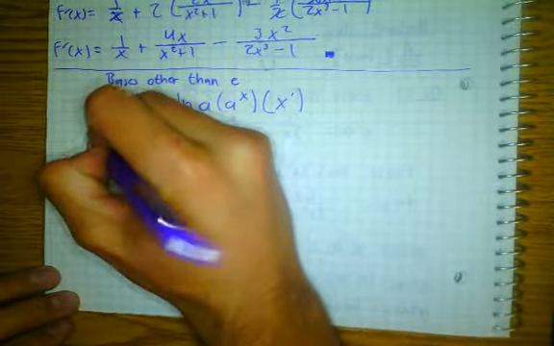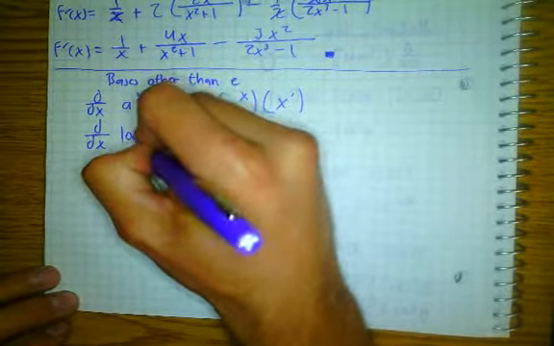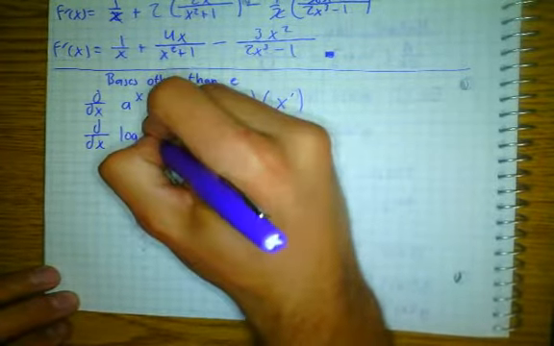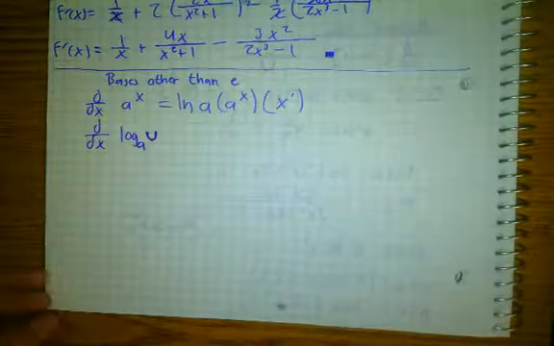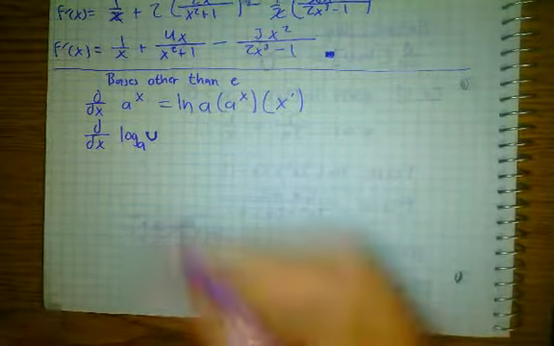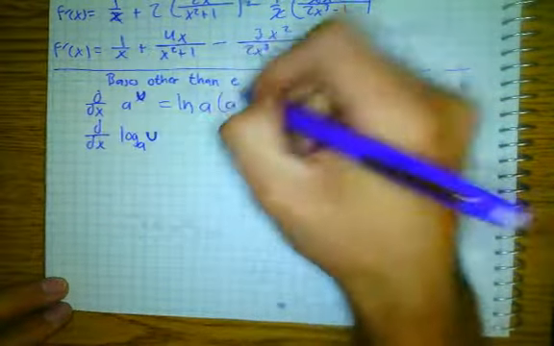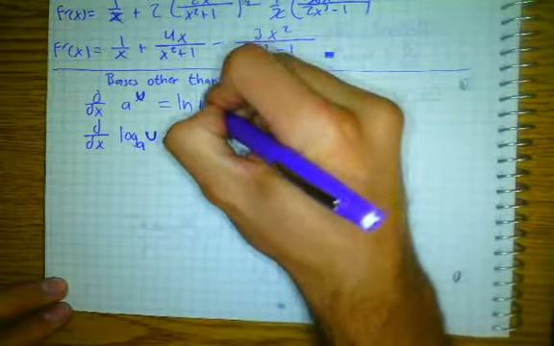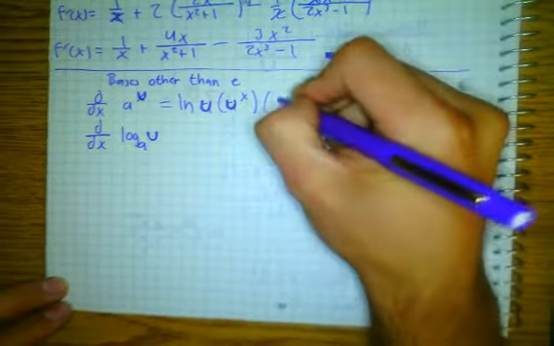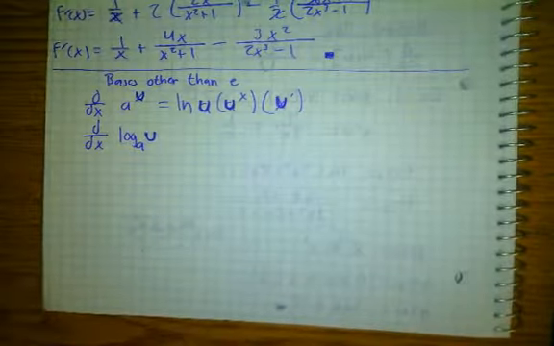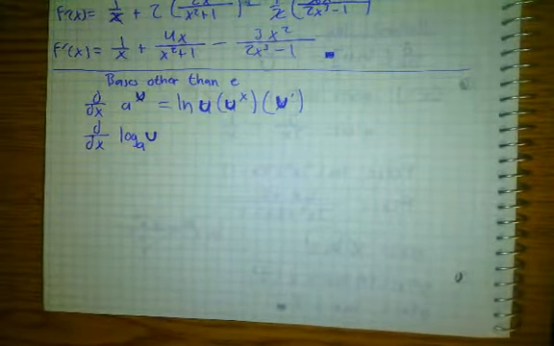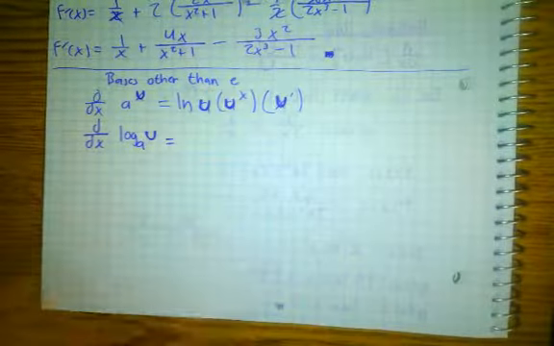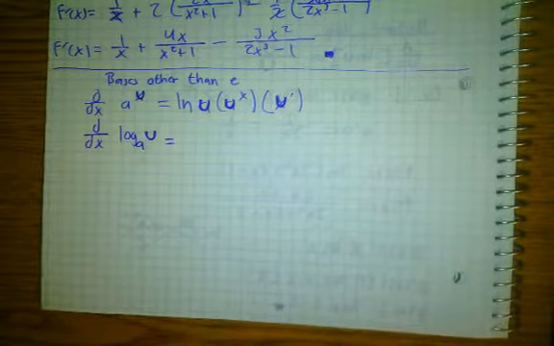What if we have the logarithm base a? I'm going to switch it to u so it doesn't get confused. Can I go back to u one more time? Alright, this one looks a little interesting. You ready?